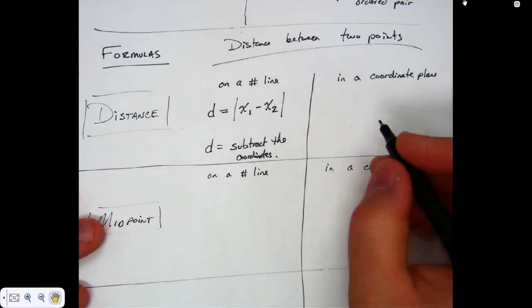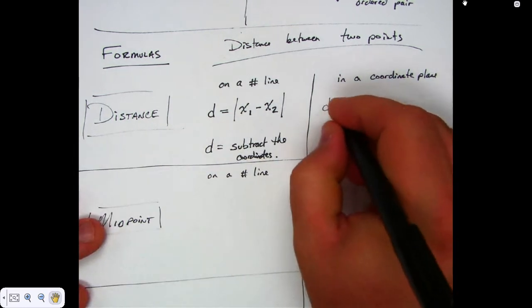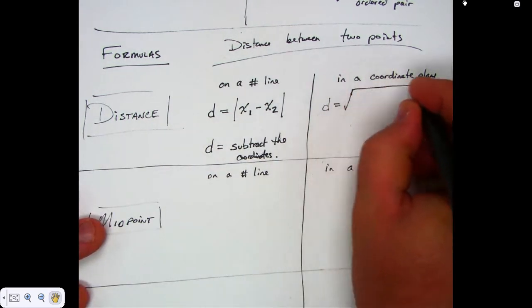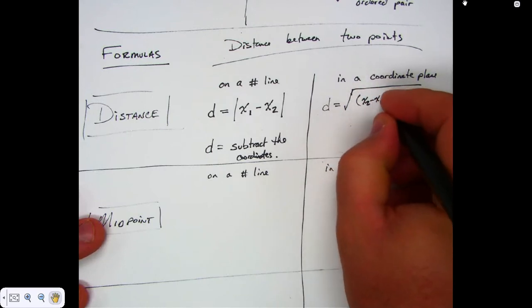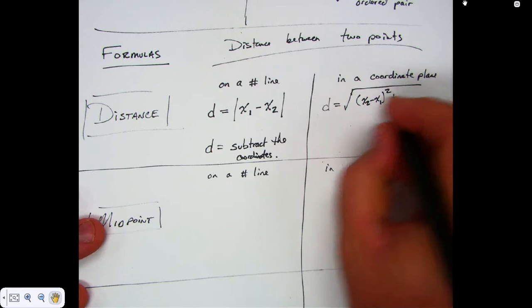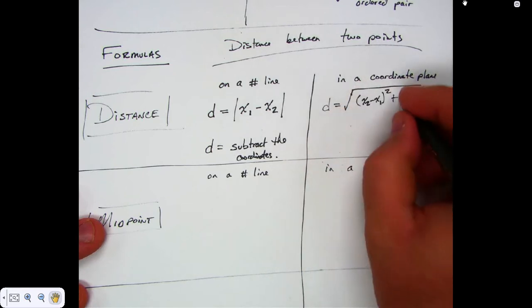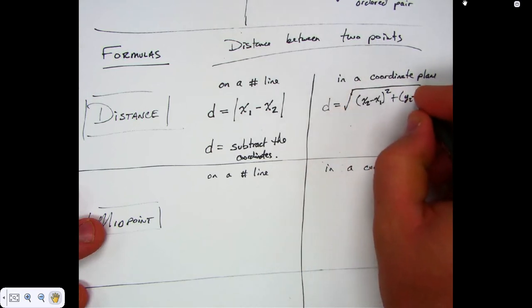Now, distance in a coordinate plane. In the book, you'll have something like this: the square root of x2 minus x1 squared plus y2 minus y1 squared.